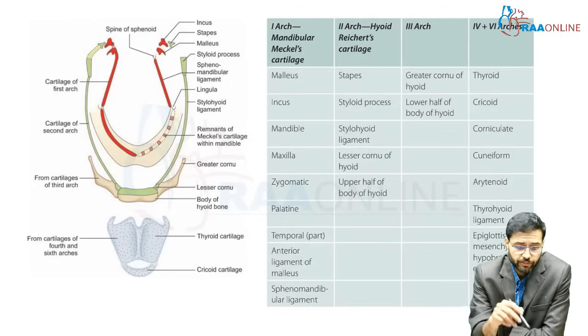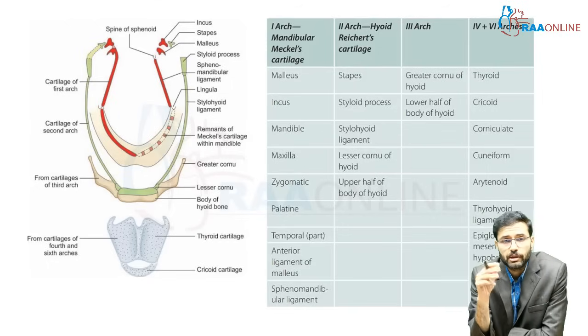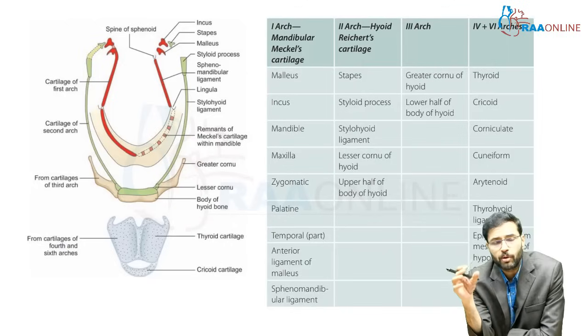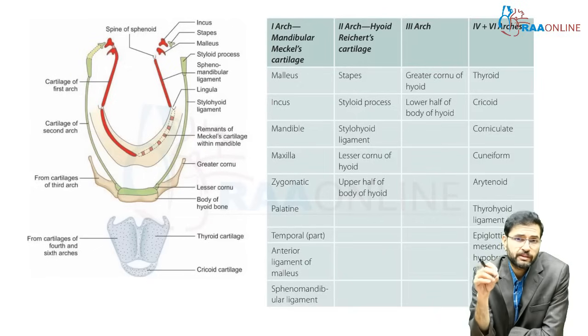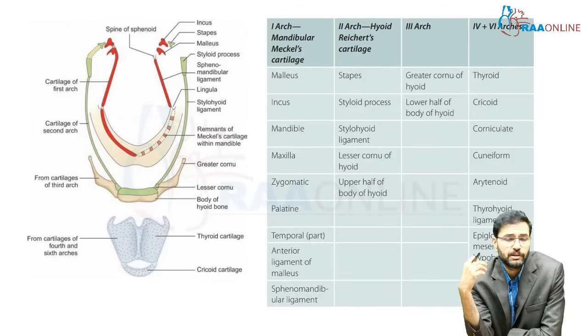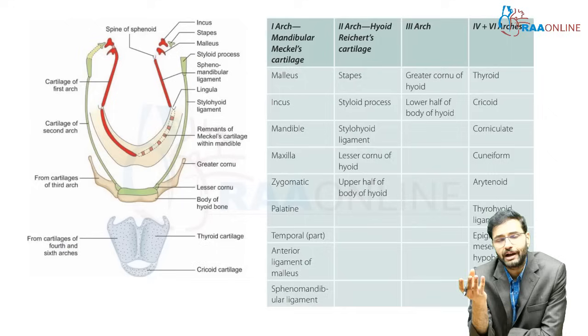So not only this, you find that the first arch, the mesenchyme of the first arch, can also have ventral and dorsal components. So the mesenchyme, other than the cartilage, the mesenchyme itself gives rise to the bones of the maxilla. The ventral aspect, it gives rise to the mandible. Like I told you, it encases the Meckel's cartilage.